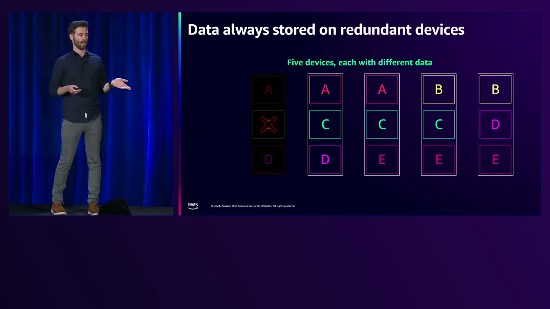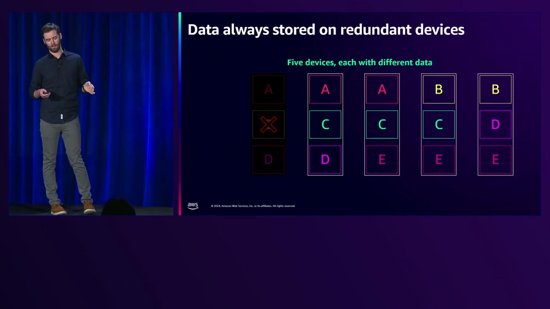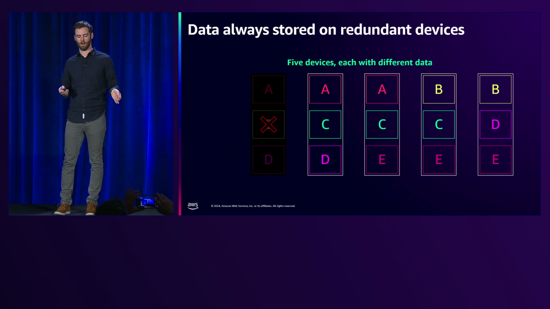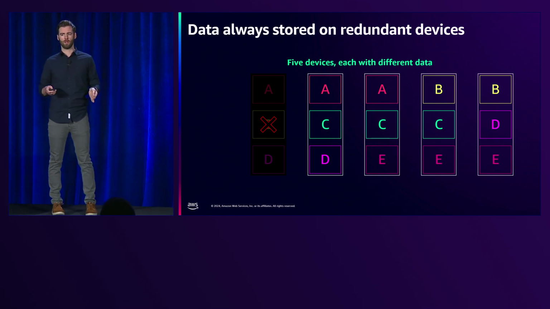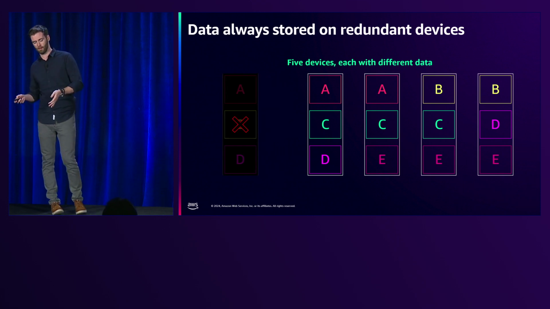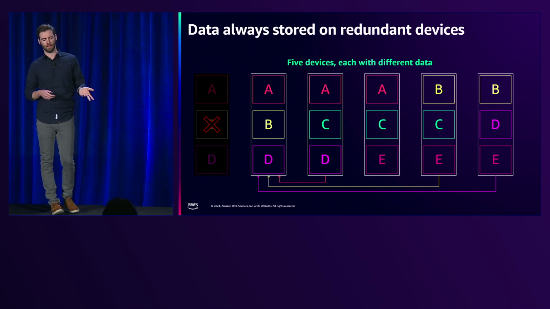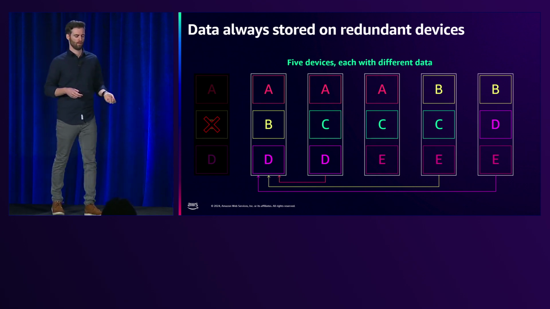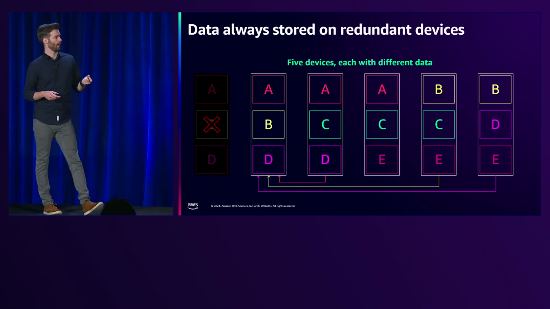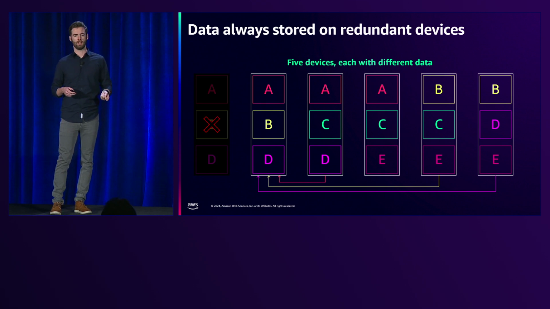We've lost the ability to access A, B, and D chunks of data on that drive. But when that drive fails, we use a process that we internally call repair to reconstitute that data onto another drive. So you can see we're pulling chunk A from the first drive, chunk B from the 4th drive, and chunk D from the 5th drive.